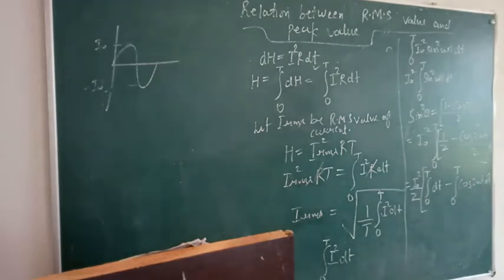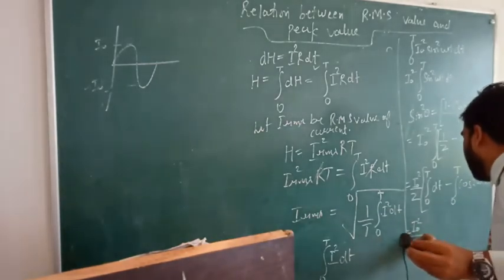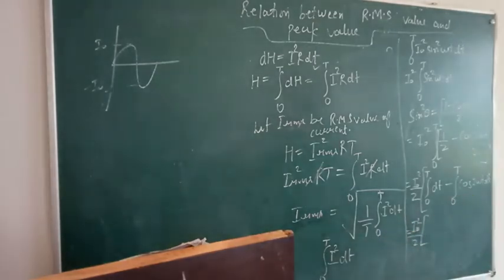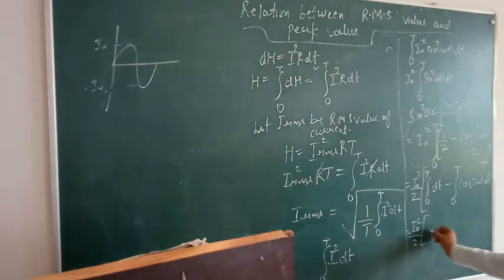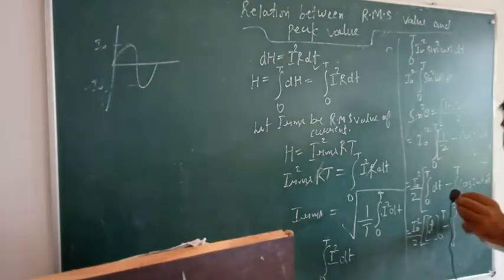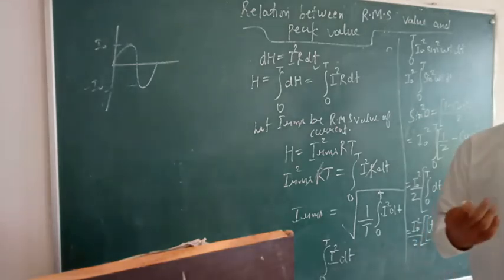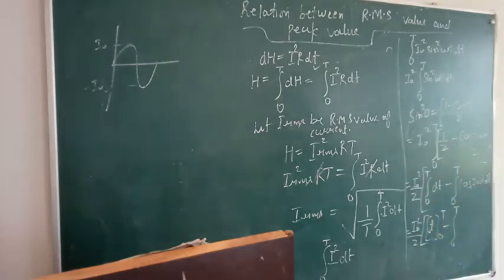Now this will turn out to be I naught square upon 2. What will be the integration of dt? It will be T, limit 0 to T, minus the integration 0 to T of cos 2 omega t. Cos integration is sine, not minus sine.